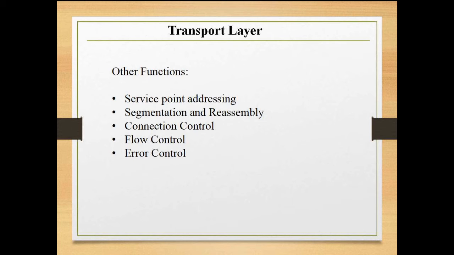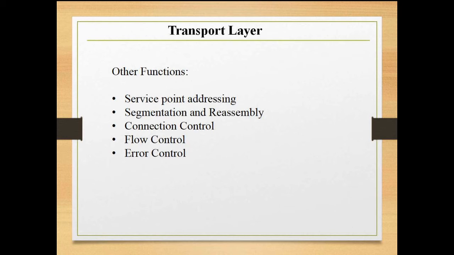Now, the functions of the transport layer. Service point addressing. Computers often run several programs at the same time. For this reason, source to destination delivery means delivery not only from one computer to the next, but also from a specific process, that is a running program, on one computer to a specific process on the other.